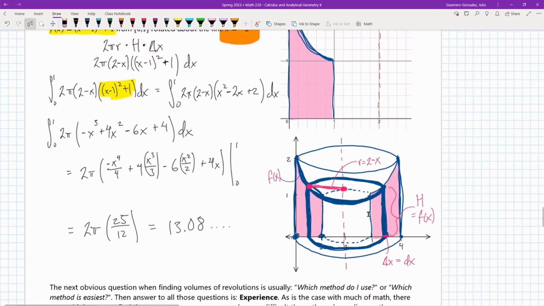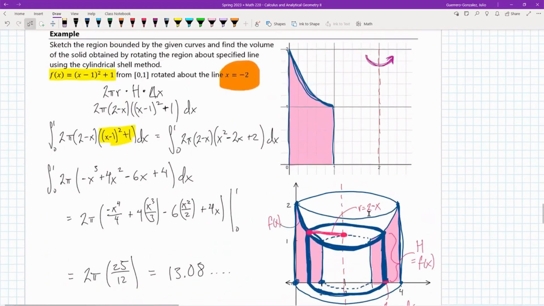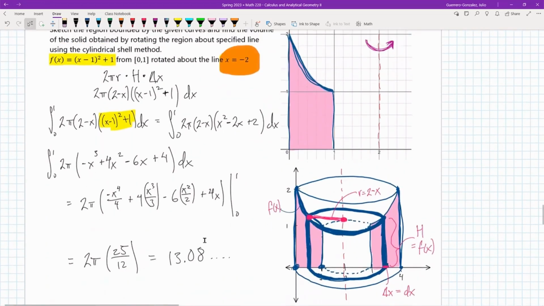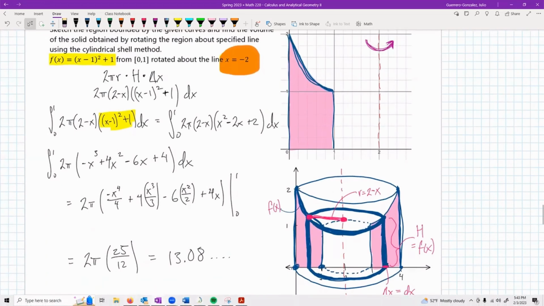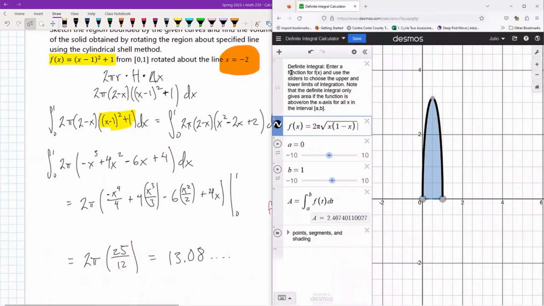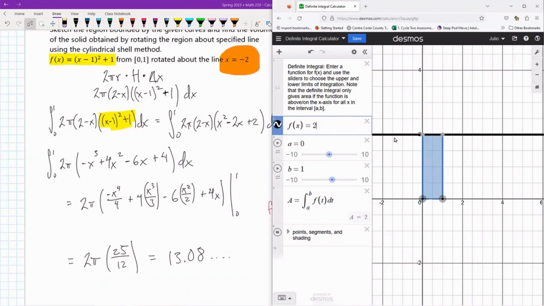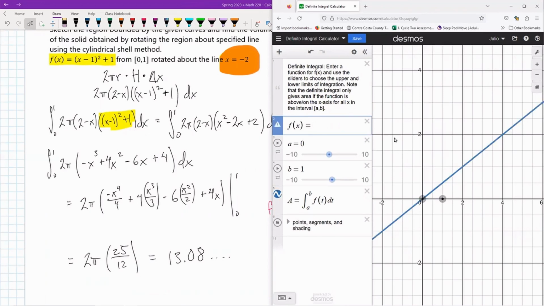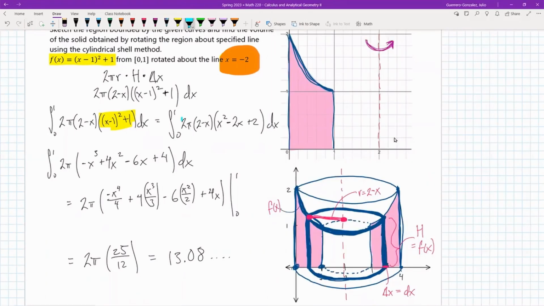Okay. Now, just for kicks and giggles, just to make sure that we did everything correctly, I'm going to go ahead and double check my answer with our definite integral calculator. Okay, so we know what the integral's got to be. Let me go back. I'm going to go ahead and type in this version right here.